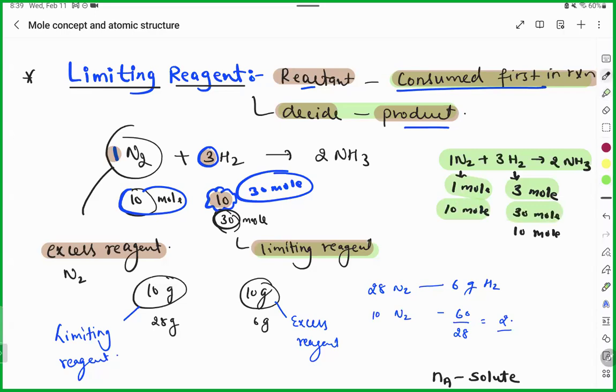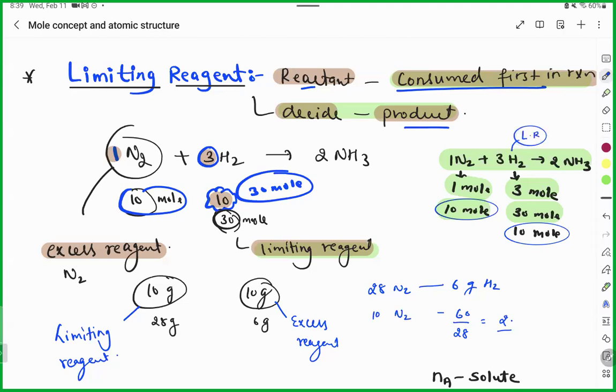But it will be given to you that you have only 10 mole of hydrogen with 10 mole of nitrogen. It means hydrogen should be 30, but actually it is only 10. It means you have a shortage of hydrogen. That's why the shortage reagent is known as the limiting reagent.